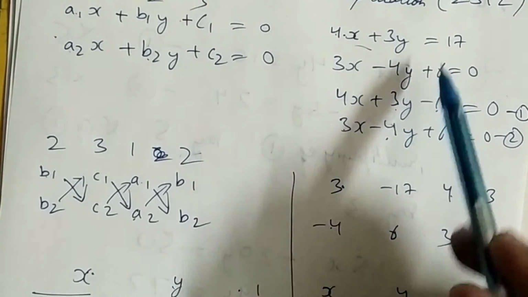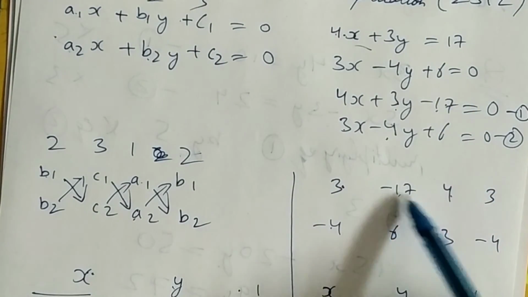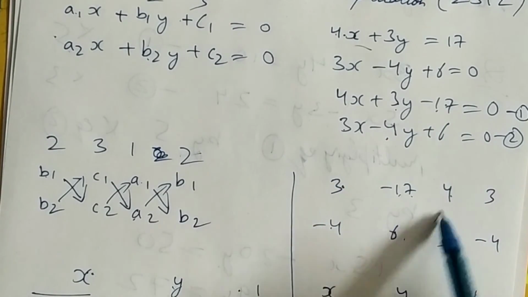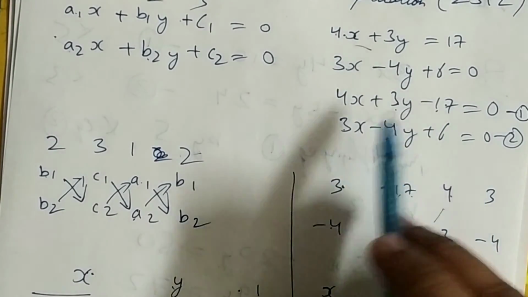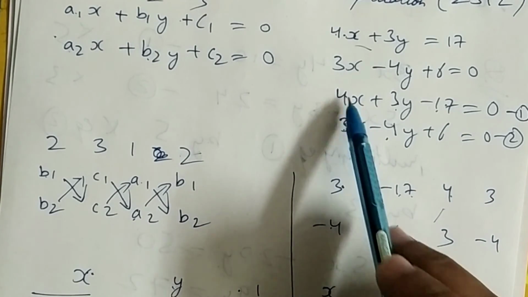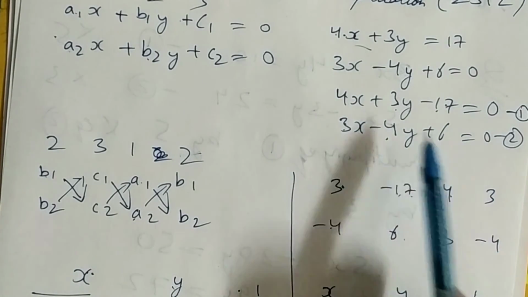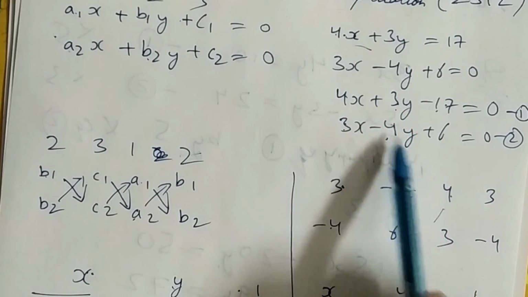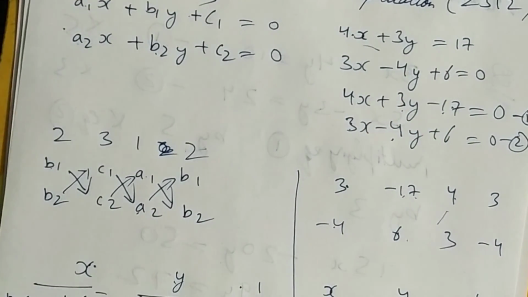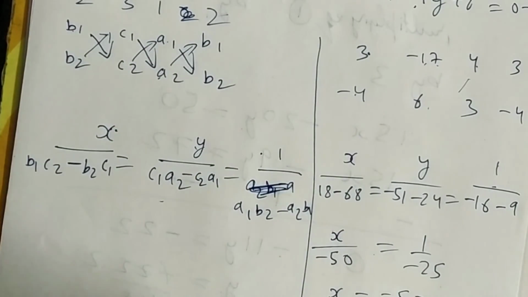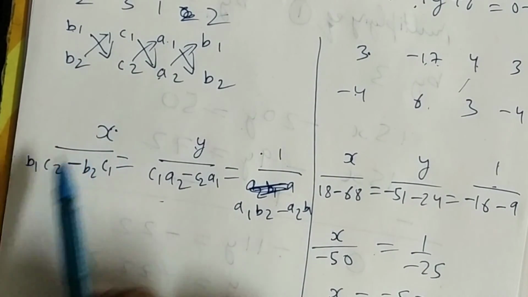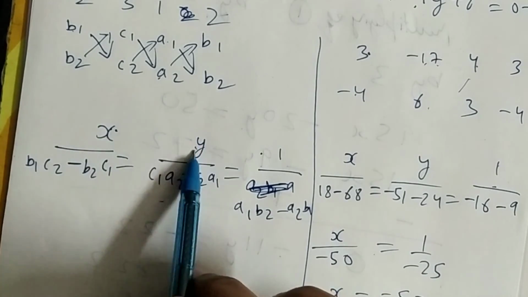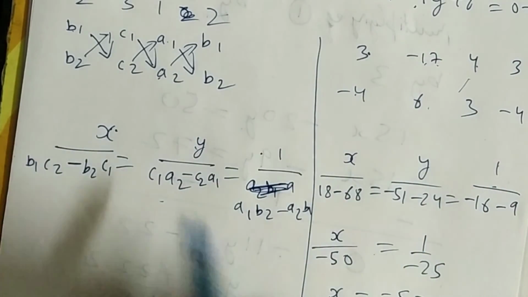Then the third coefficients are minus 17 and 6. Do not ignore the minus sign, write the minus as it is. Then 2 3 1 2, this is your 1, 4 and 3. And then again 2, that means 3 and minus 4. Then do the cross multiplication; before that, write x, y and 1, x, y and 1.